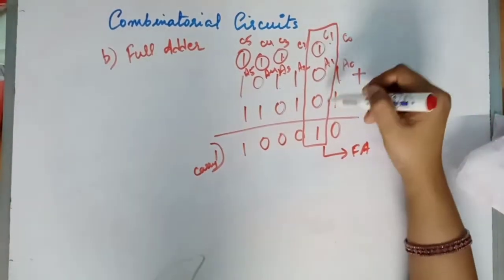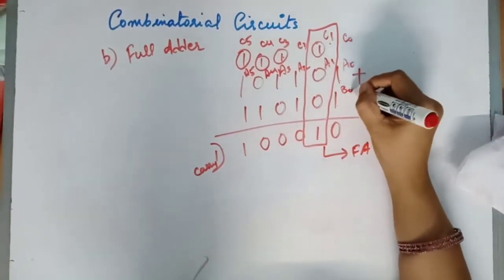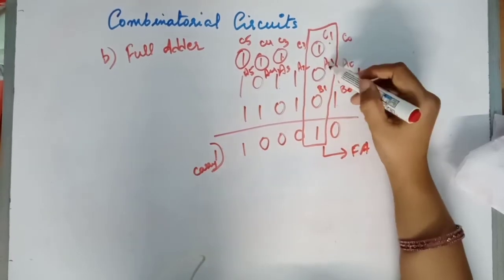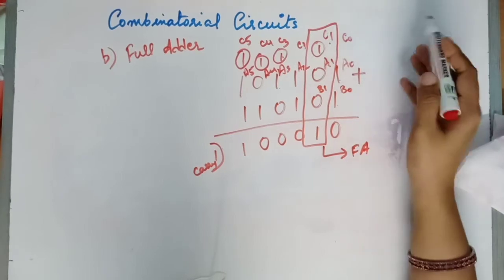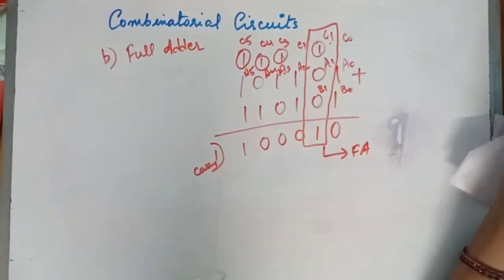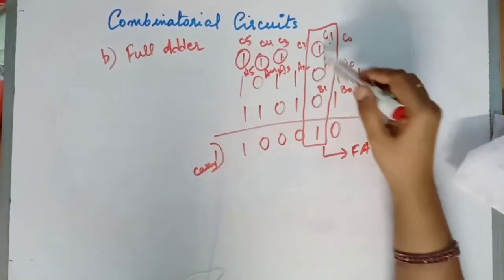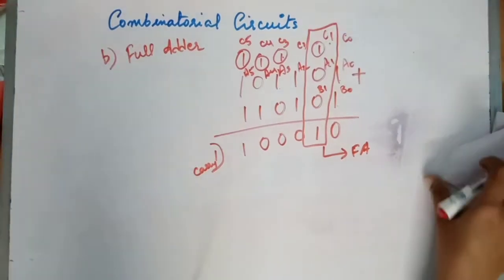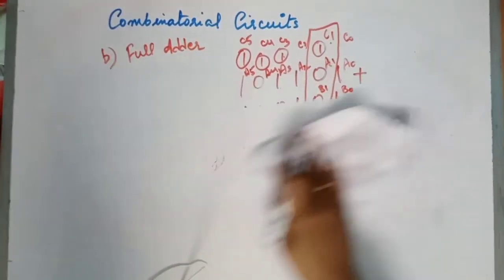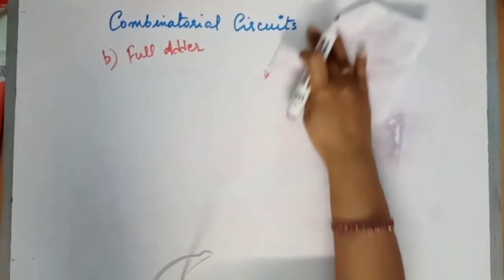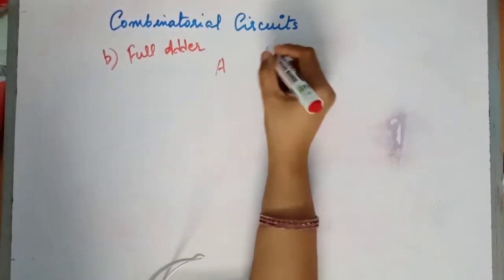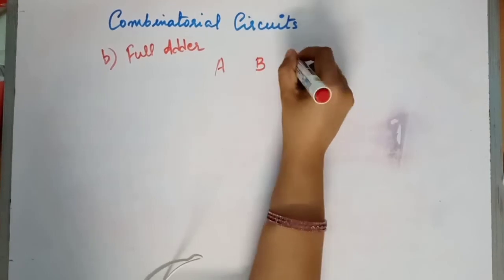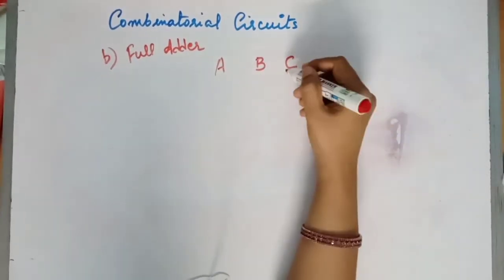So in this particular full adder, what do you have? This is B0, this is B1. So A1 plus B1 plus C1. What is C1? C1 is the carryover from the previous stage. So this particular stage is called a full adder. So in the full adder you have A, B, C. C is the previous carry.